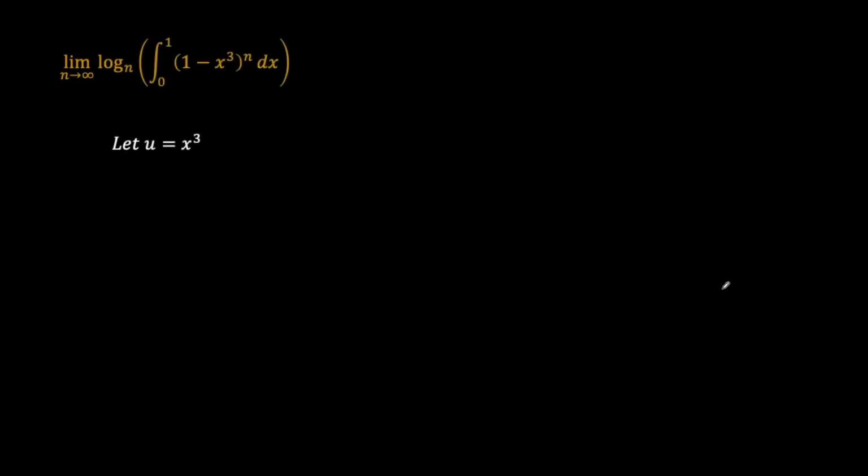This problem is interesting. As usual, I would like to substitute for the most complex term in this integral, that is x to the power 3. So I say let u be equal to x to the power 3, because I just want to create that abstraction that takes my mind away from the complexity in that expression. So du/dx is the same as 3x squared.